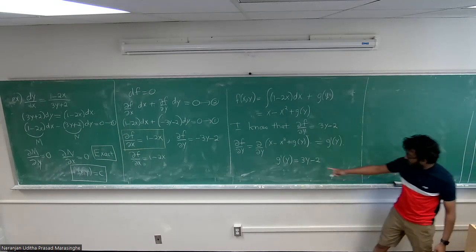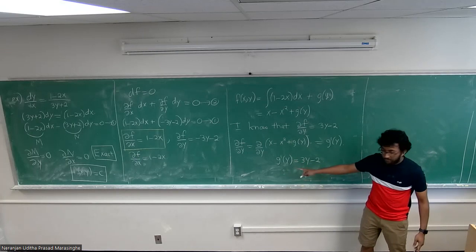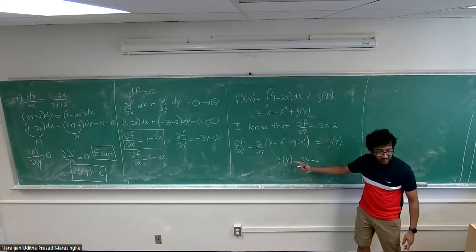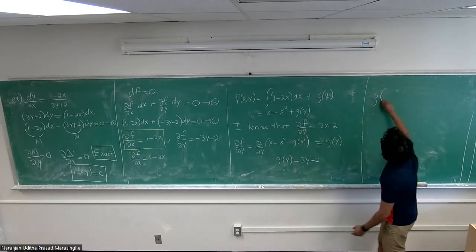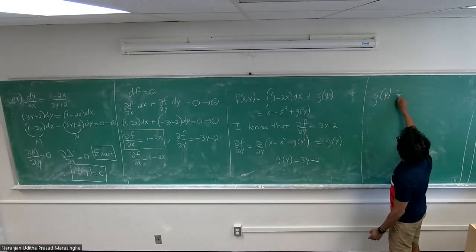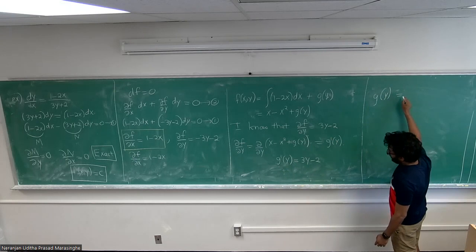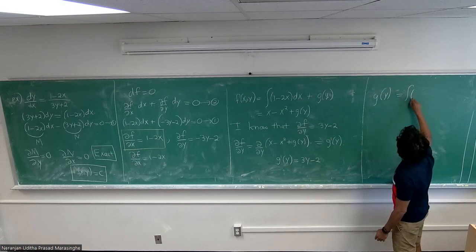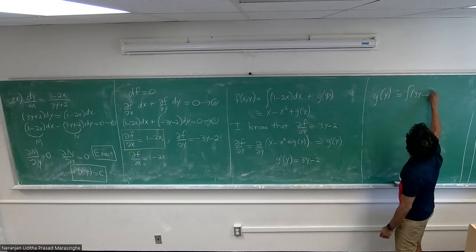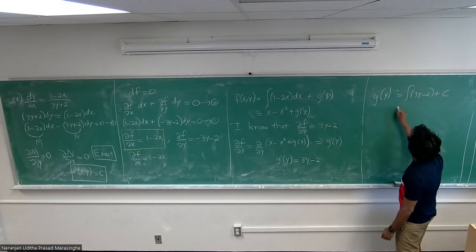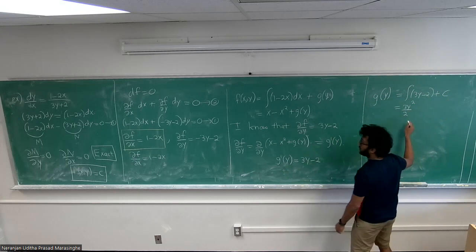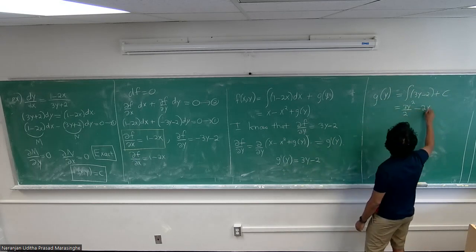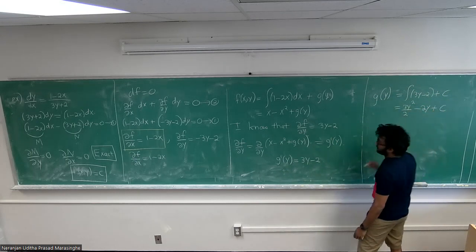Now we can take this integral, right? g is a function of y, so what can you say about g(y)? g(y) is going to be the integral of 3y minus 2 plus c. So that is 3y square divided by 2 minus 2y plus the constant.